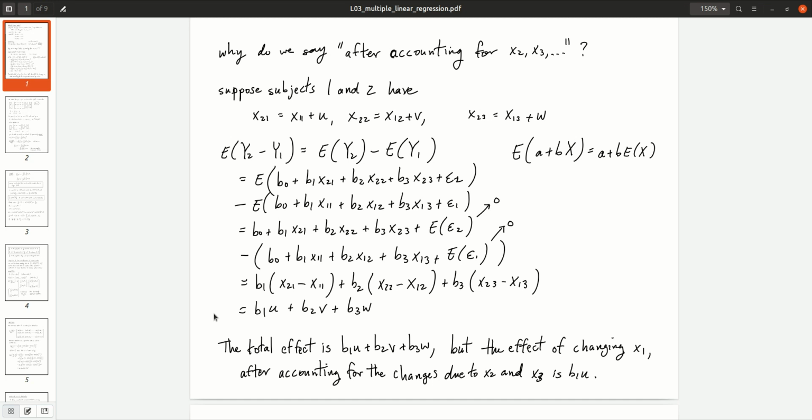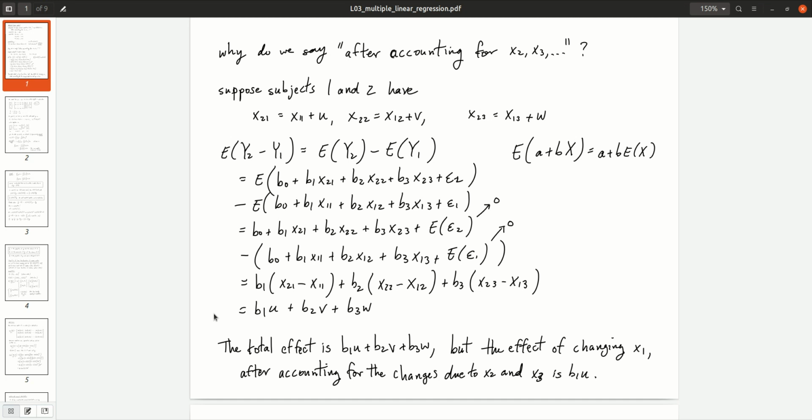But the effect of changing just the first covariate is b1u. So one way to think of that is that if v and w were both 0, meaning the only difference between the first subject and the second subject was that their first covariate differed by u, then the effect on the response would be to change it by b1 times u.